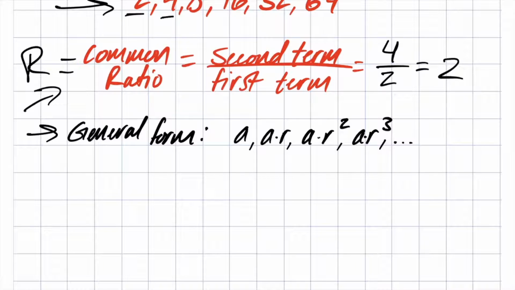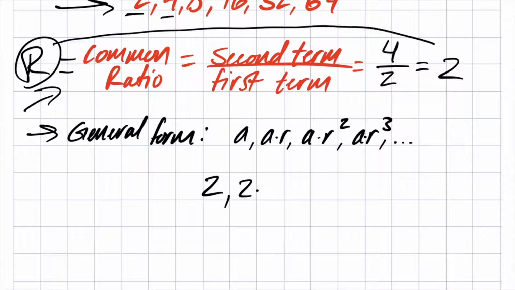A is the first term, right? So, our first term was 2. Our second term is A times R, okay? So, A is still 2. What is R? Our common ratio is 2. And again, A times R squared.